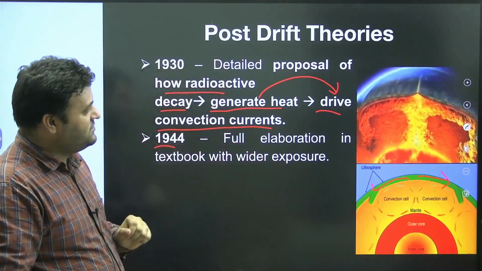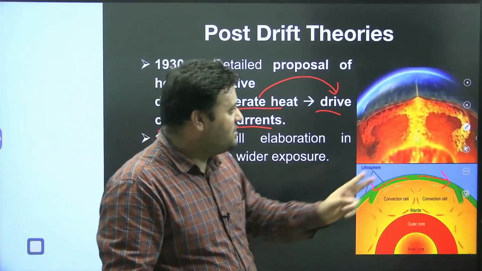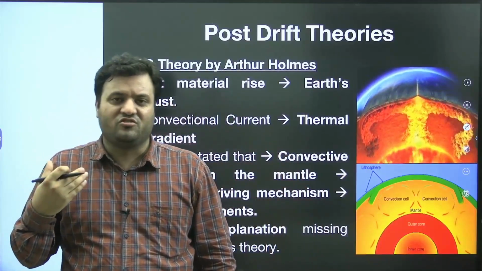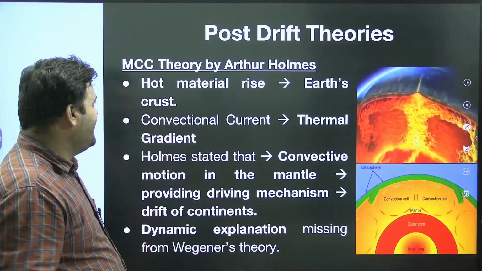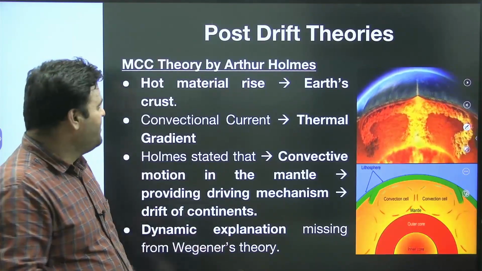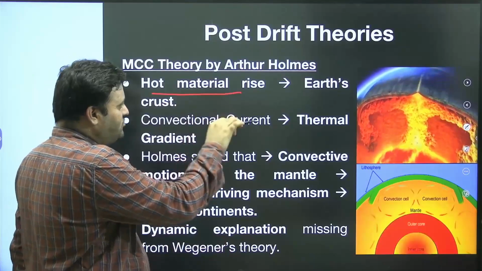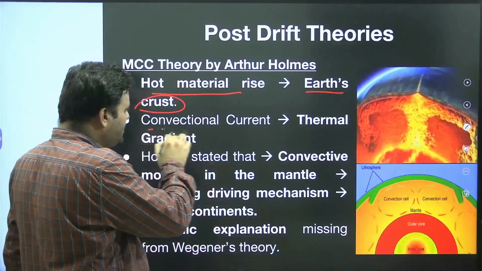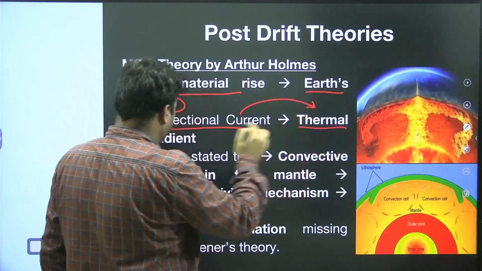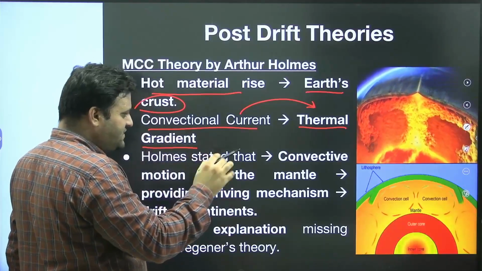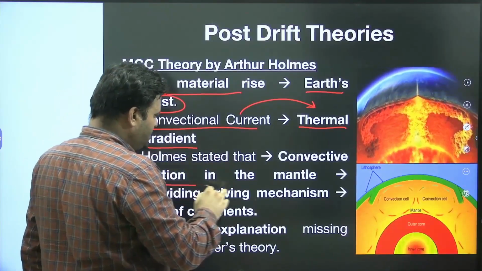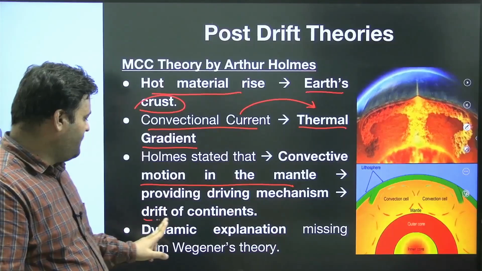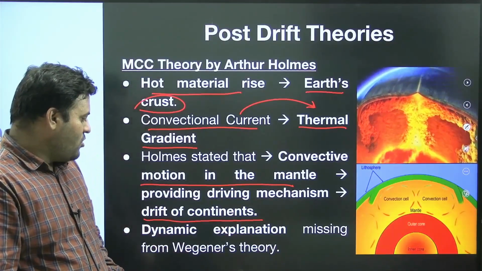So here we have Arthur Holmes. Arthur Holmes proposed mantle convectional currents based on radioactive decay, based on hot material, which is going to interact with the earth's crust. When this hot material rises, these convectional currents will move because of the thermal gradient, and he stated that convective motion in the mantle is actually providing the driving force for the drift of continents.